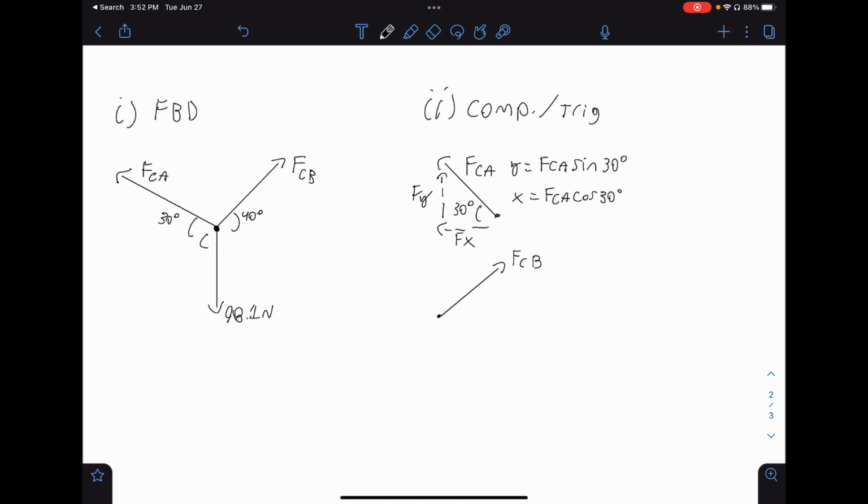So we have FCA and FCB. So as we know, this has an x component, this has a y component, and it's at an angle of 40 degrees. So its y component is FCB times the sine of 40 degrees. Its x component is FCB times the cos of 40 degrees.